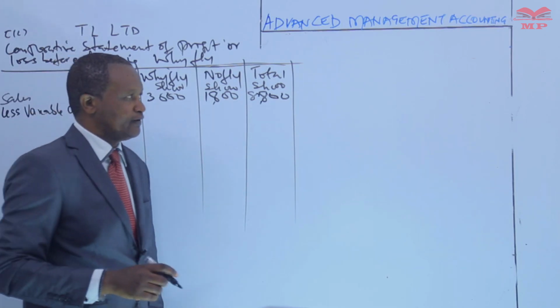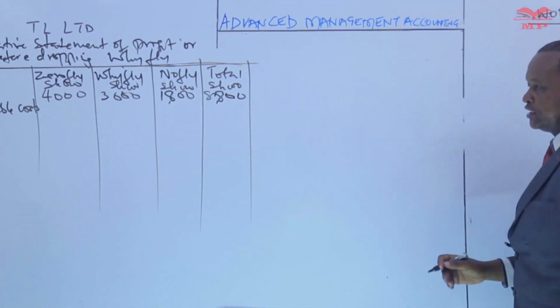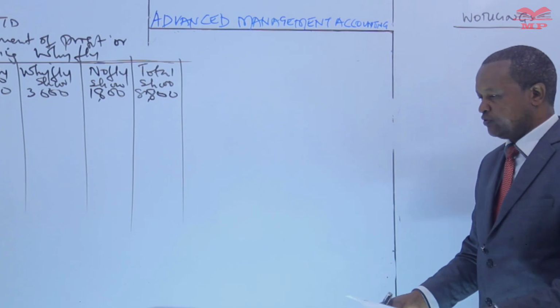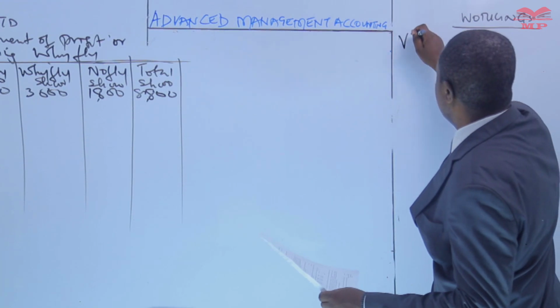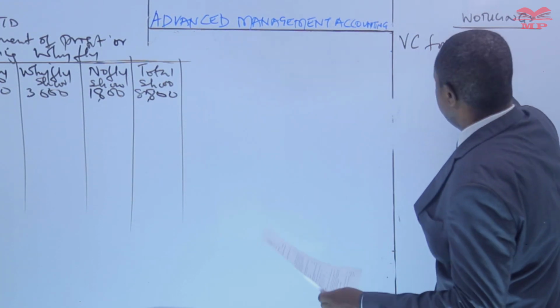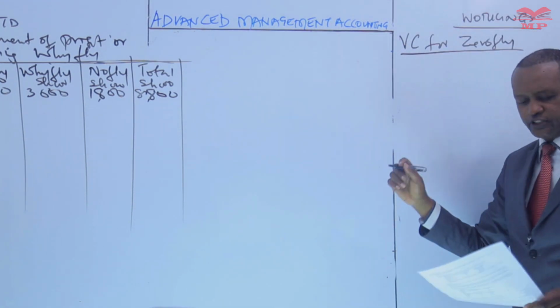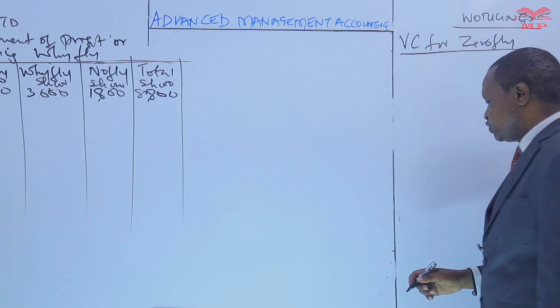So I'm going to have workings. Candidates, we need to have workings for variable costs. So we begin with variable costs for Zero Fly. What are the variable costs for Zero Fly? The contribution margin ratio is 20%. And we know the formula for contribution margin ratio.